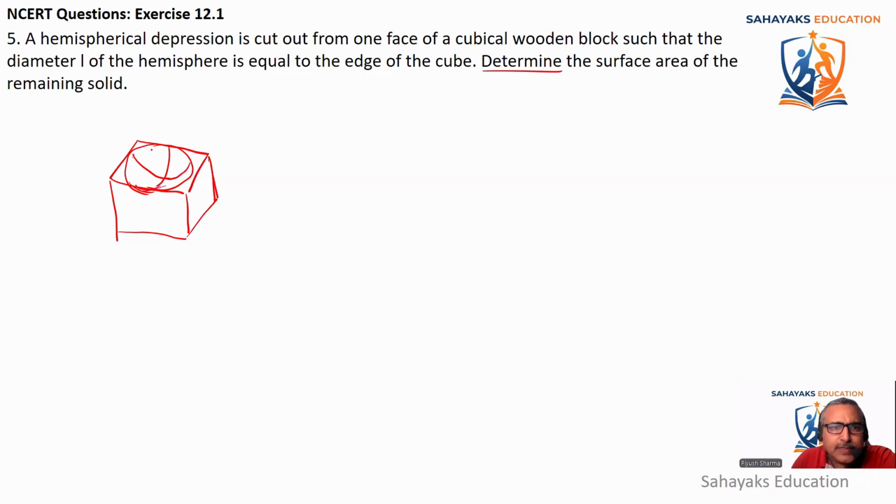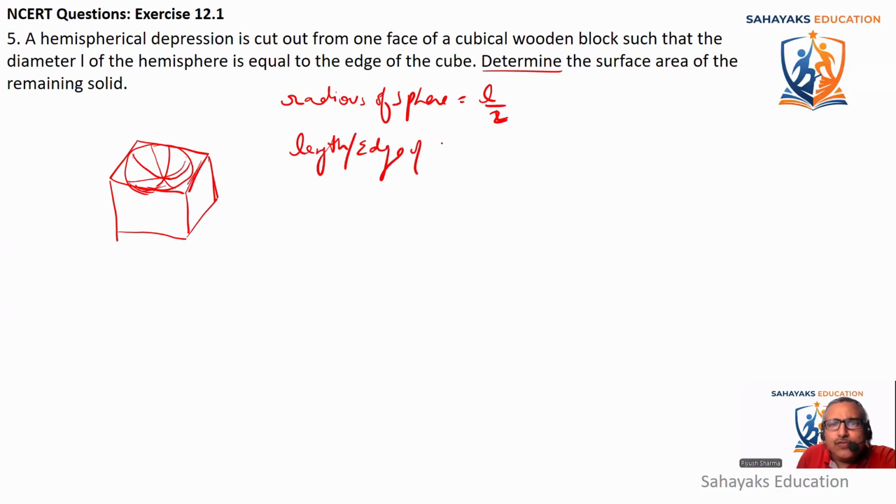Okay, and the diameter of this circle is L. So you can say that the diameter is L. So the radius of the hemisphere is equal to L by 2, and the edge of the cube is equal to L.